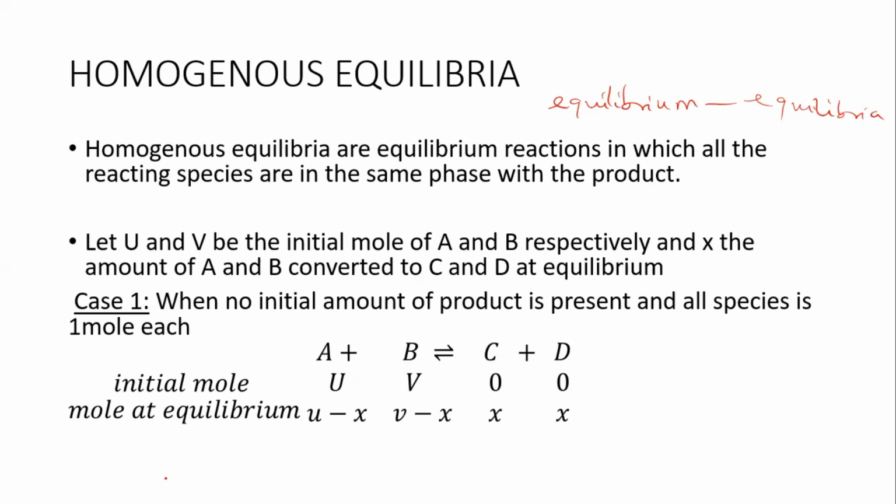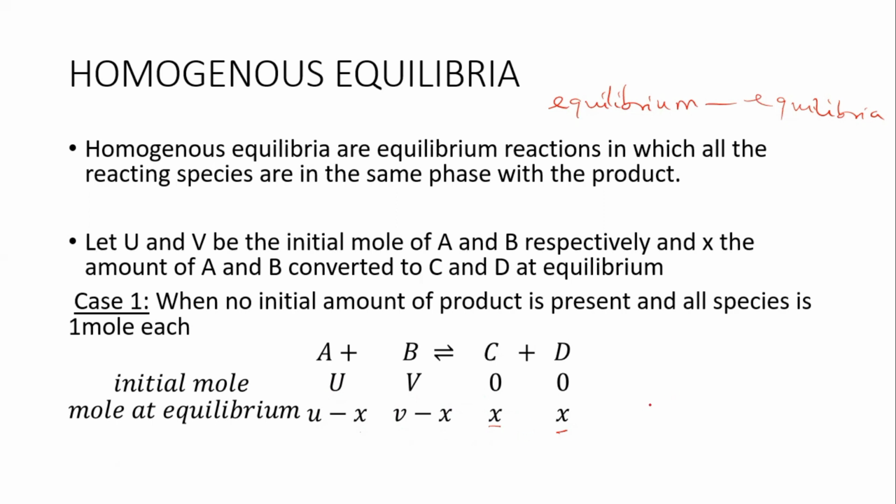If at equilibrium X amounts of the reactants have been converted to the products, then X is the amount of the product at equilibrium. Because they are being produced from the reactants, the amount of the reactants is reduced by the amounts of the product formed.